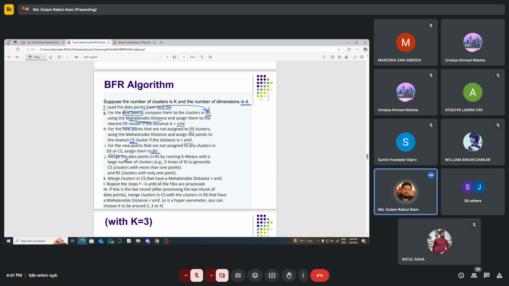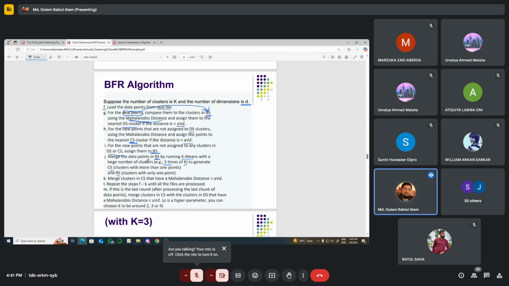Next, we have to apply the k-means algorithm again on our RS set with a large number of clusters. The value of k this time should be larger, to generate CS or RS.